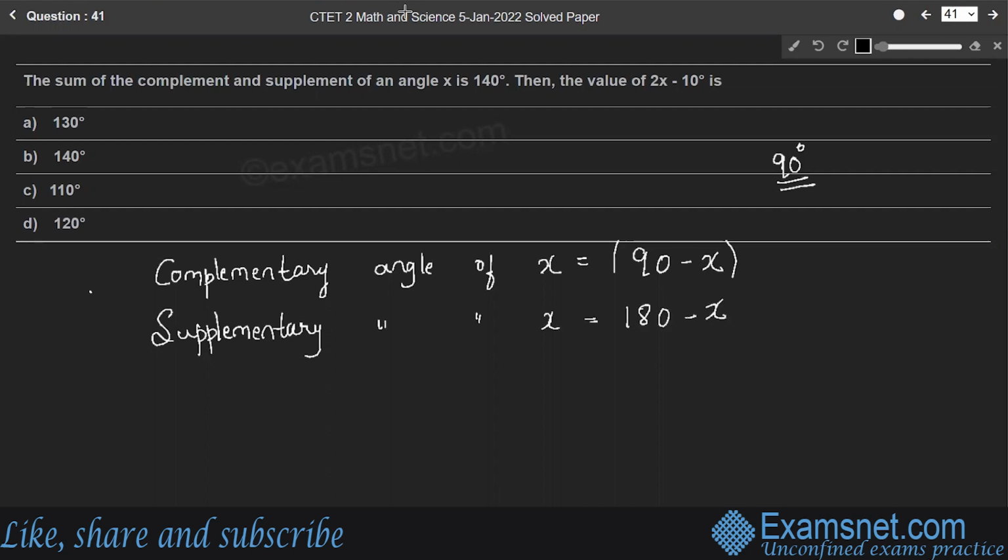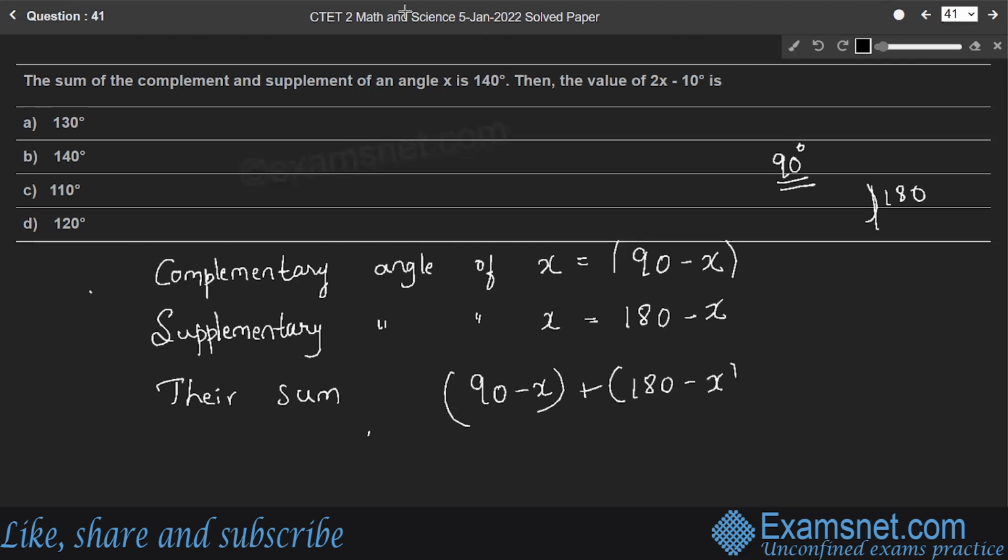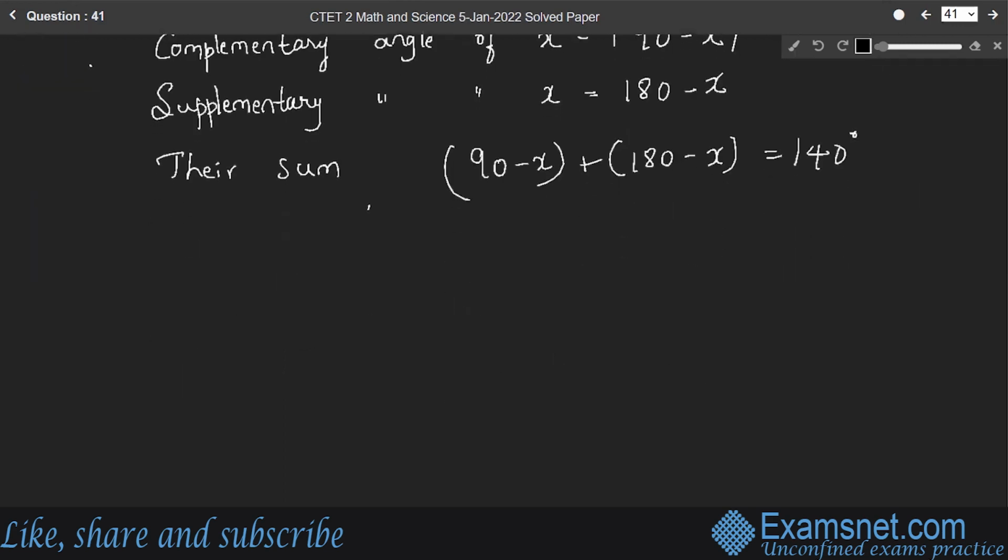When the sum of two angles is equal to 180 degrees, those angles are called supplementary angles. Their sum is equal to, so 90 minus x plus 180 minus x is equal to 140, which is given. Simplify it. So 90 plus 180, 270 minus 2x is equal to 140.